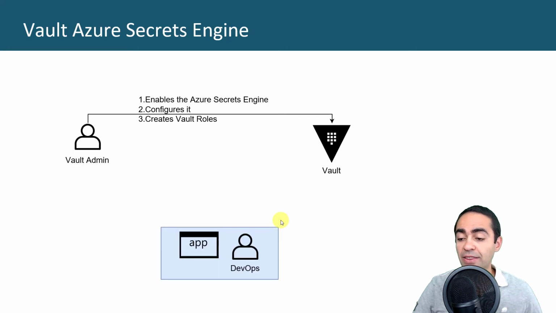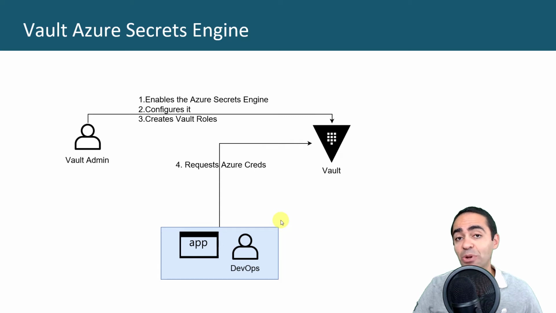And then once this is all configured, now we need, as an application itself, or as a DevOps operator that needs to access Azure, they'll need to talk to Vault and retrieve the Azure credential. So I'm going to make a request as an application or as a human saying, hey, I need access to Azure.